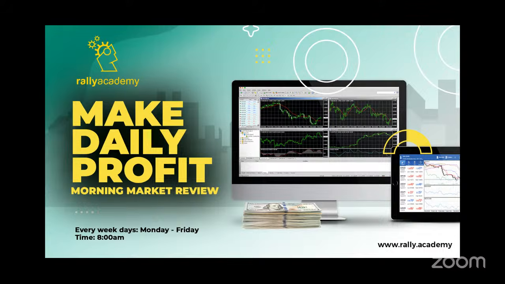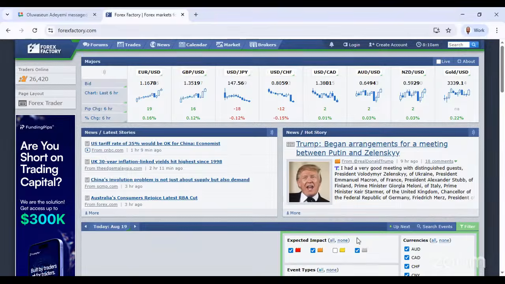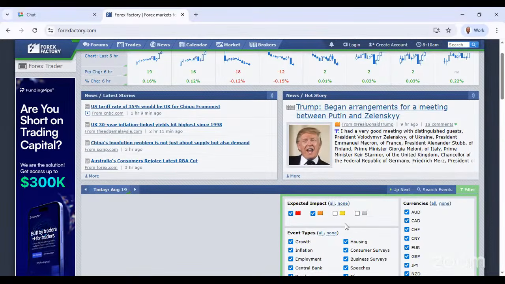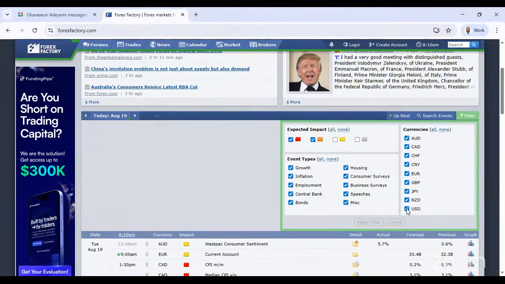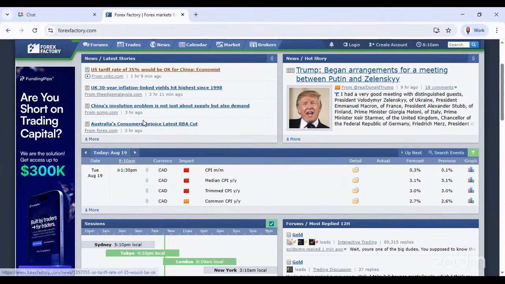For today, I'm just going to remove and filter the set of news that we're not to bother ourselves with. So today we have very high impact news coming out for the Canadian dollar alone. That's 1:30 p.m. Nigerian time.